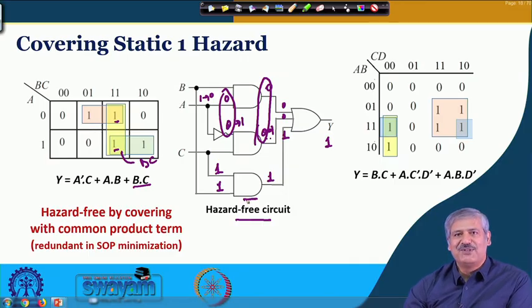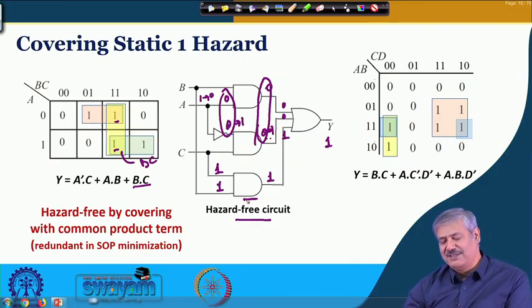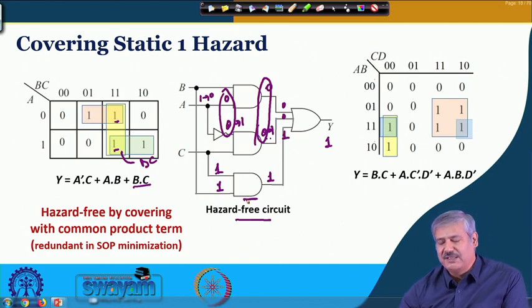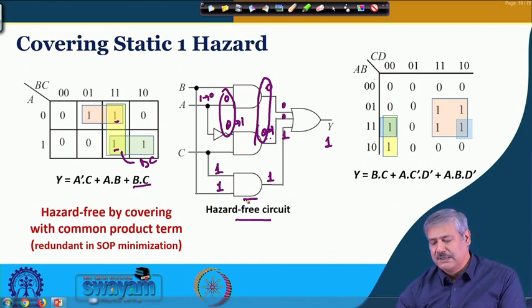So yes, it is more costly, but it is removing the hazard. More costly in terms of hardware cost, but it saves some other cost in terms of performance, where these glitches can cause damage. So this is the thing that we have to keep in our mind.